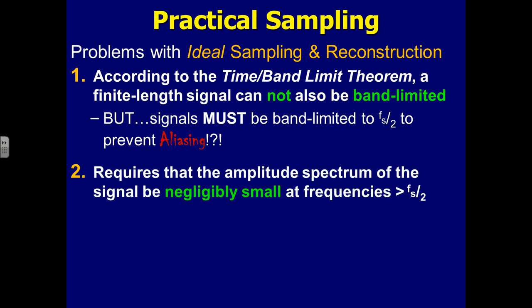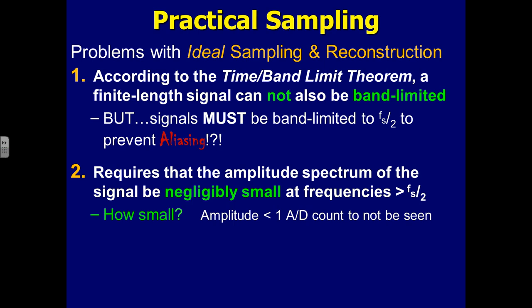So what's required to get good sampling results and prevent aliasing is that we definitely need the amplitude spectrum of the incoming signal to be negligibly small for any frequency above the Nyquist rate, because that's the part that's going to alias. How small does it have to be? Well, practically, we have these discrete levels that we're going to be digitizing our signal values into.